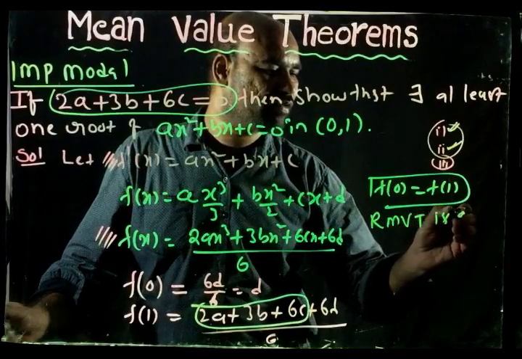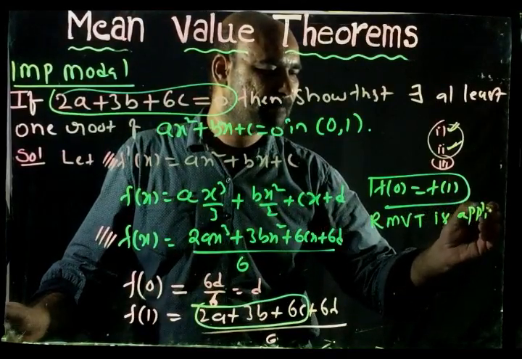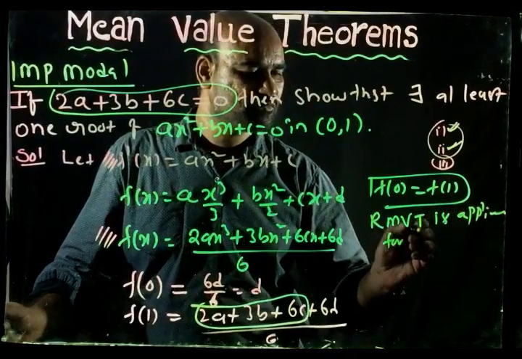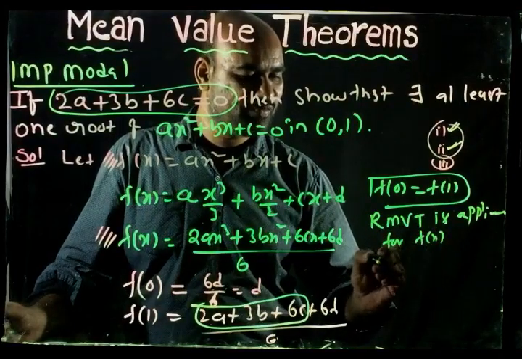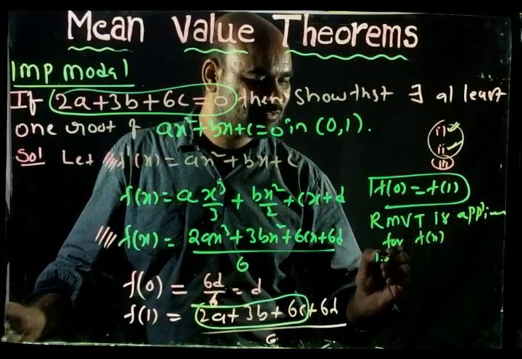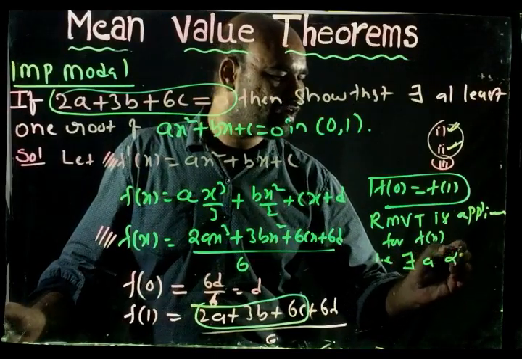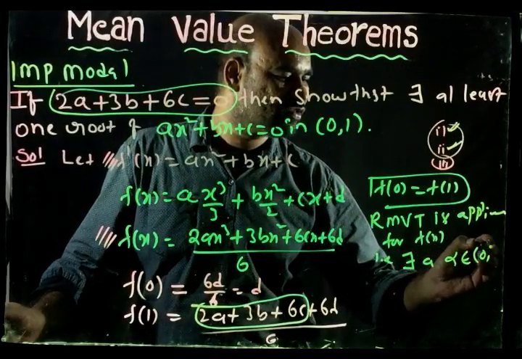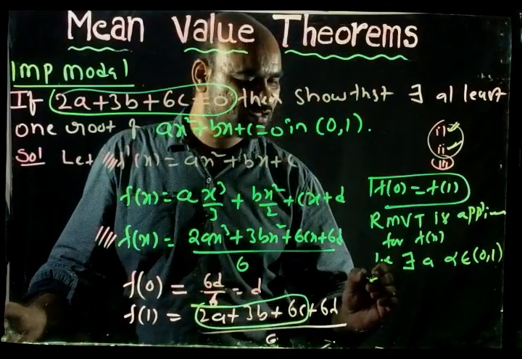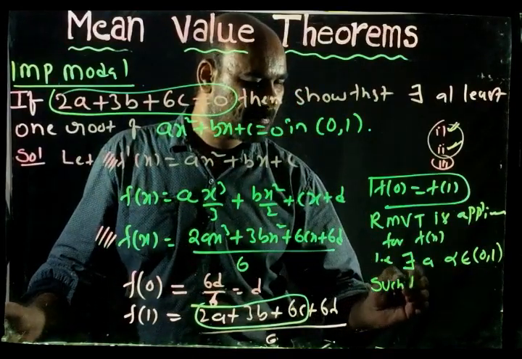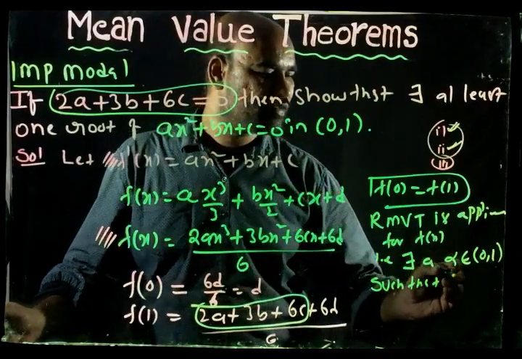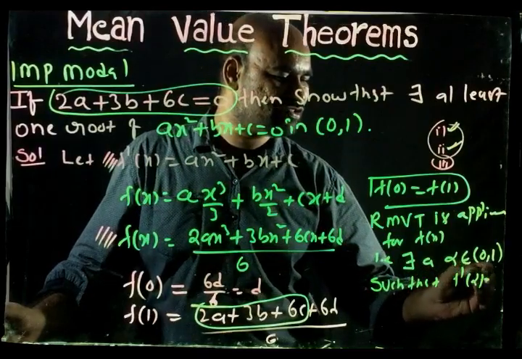RMVT is applicable for f(x). That means there exists alpha belonging to (0, 1) such that f'(alpha) equal to 0.